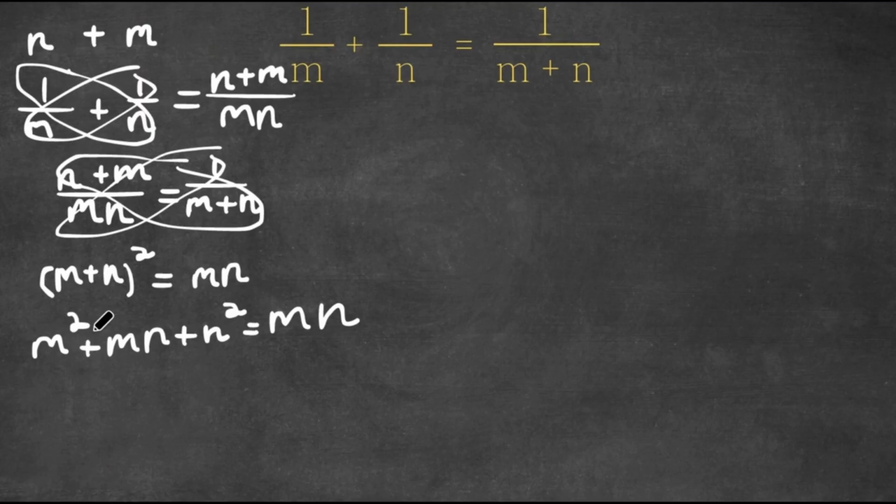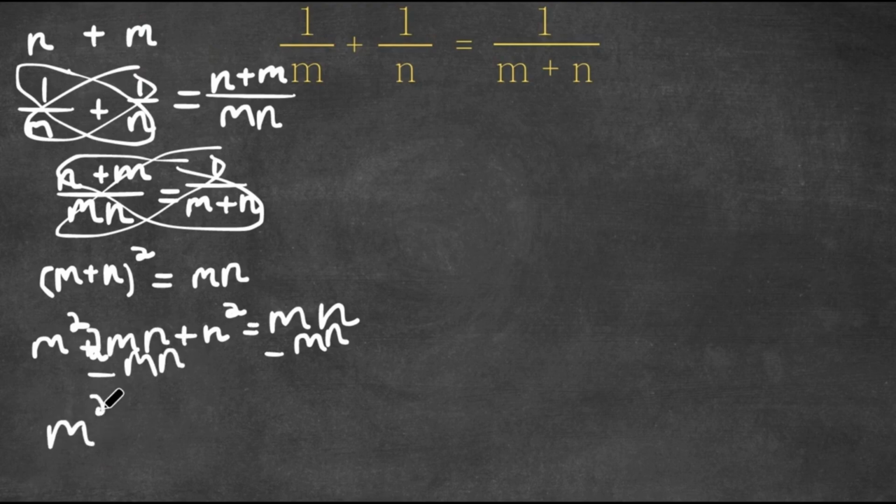This is actually 2mn. Now, if I subtract by mn on both sides, two mn minus mn is simply just mn.